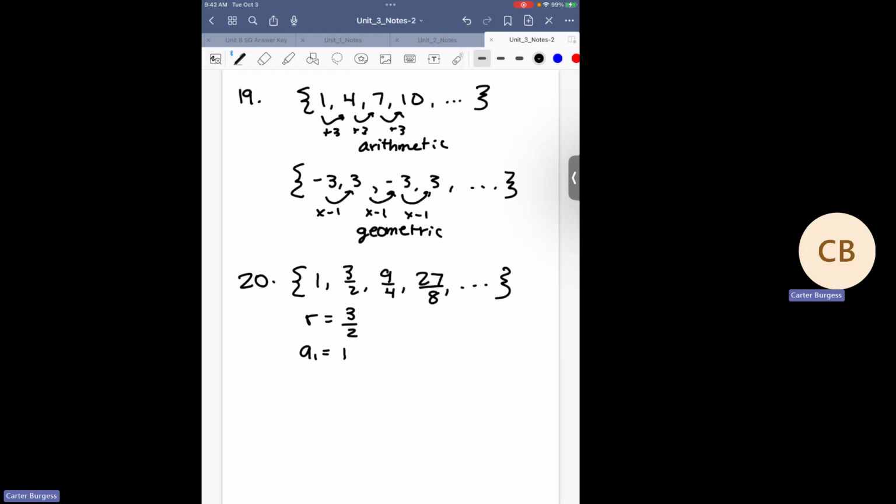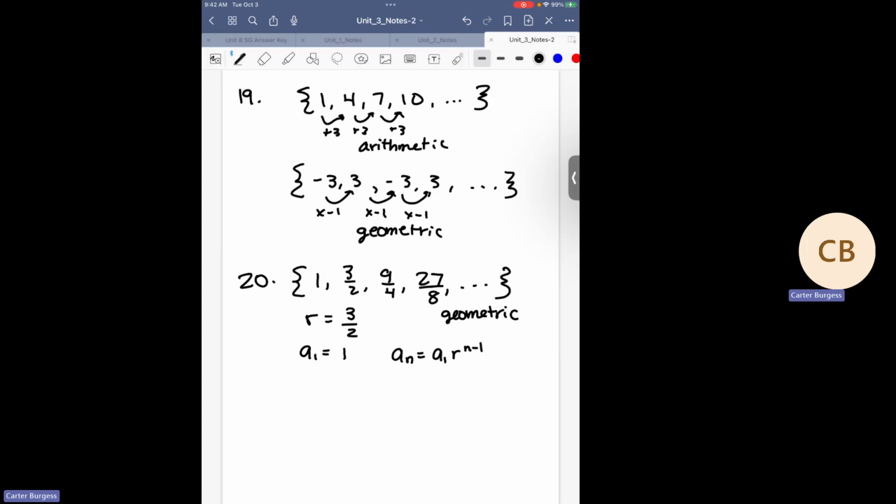Okay, so this is definitely geometric. We're multiplying the numerator, multiplying the denominator. And so what is our a sub n going to look like? In this case, a sub n is a sub 1 times r to the n minus 1, taking where we start, multiplying by r n minus 1 times.